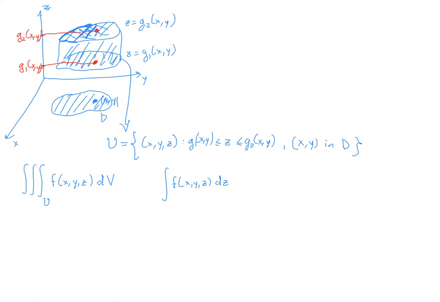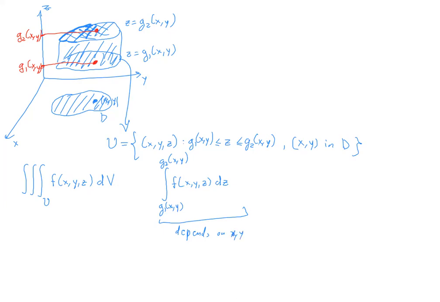So what you're going to have here is the integral from g1 of xy to g2 of xy. And once you compute this one integral, what you get depends only on xy. And this is the beauty of it: I'm not going to try to represent it as a triple iterated integral, even though this is what will happen in the very end.